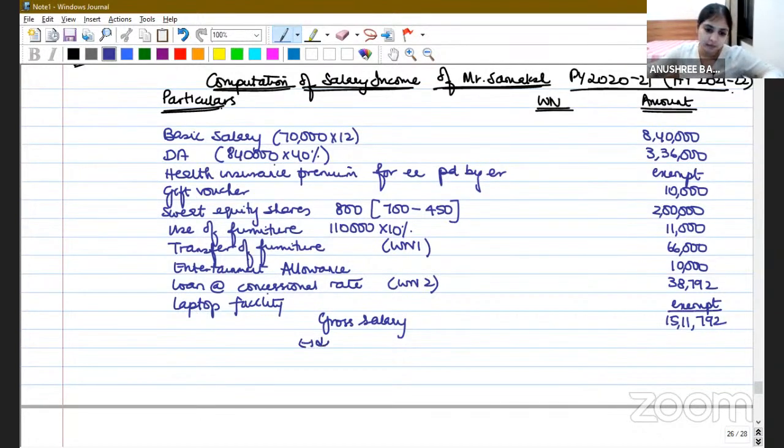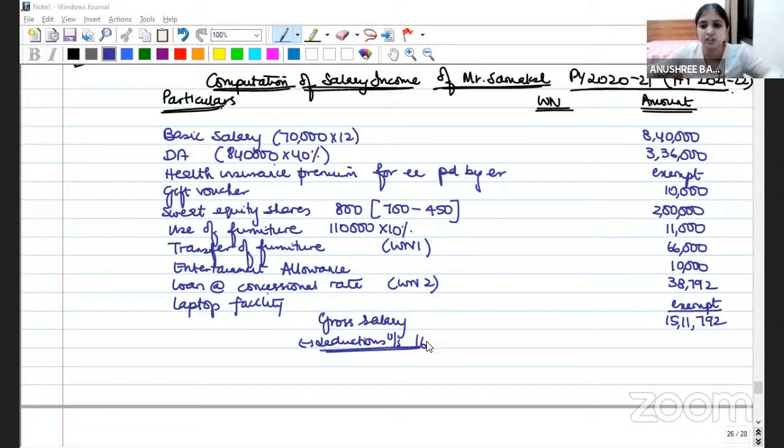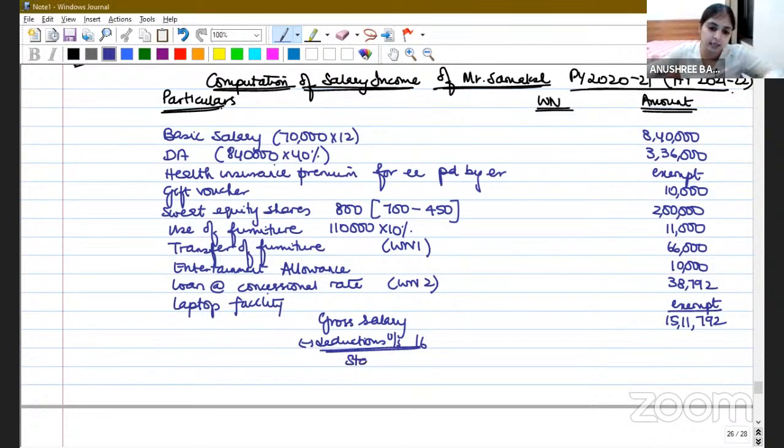From this, we will have deductions under section 16. No entertainment deduction, no professional tax deduction over here. Only one deduction we have, and that is standard deduction. So standard deduction, how much will we get? 50,000. So what is our net number? 14,61,792. We will call this as net salary.